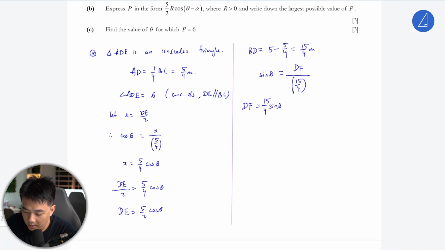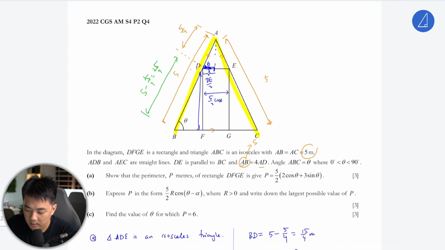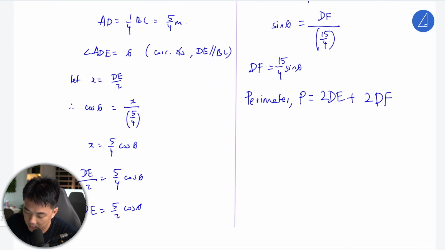Okay, the perimeter P will just be 2DE plus 2DF. That's it. So we're just going to sum this up. This is 2 times 5 over 2 cosine theta plus 2 times 15 over 4 sine theta. We'll see whether that's the answer.